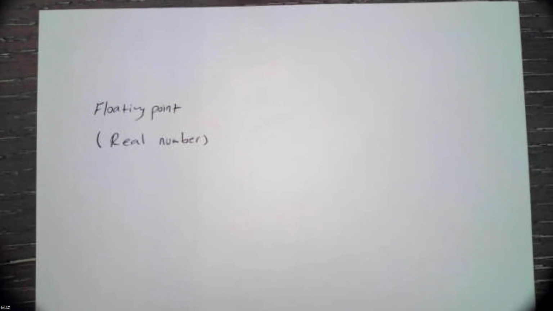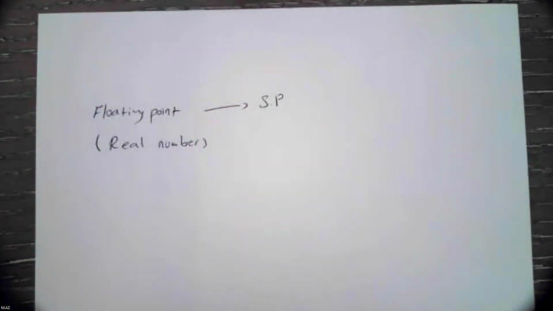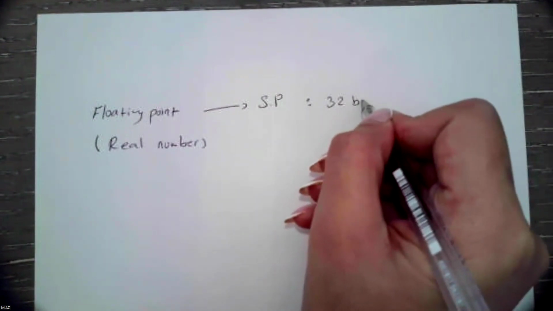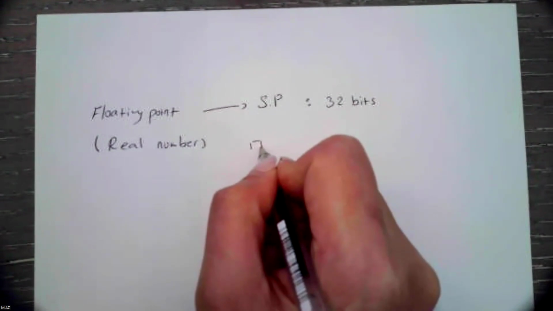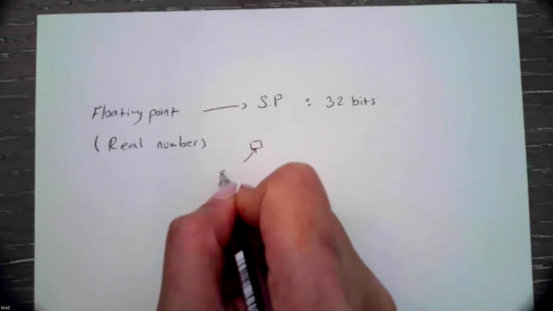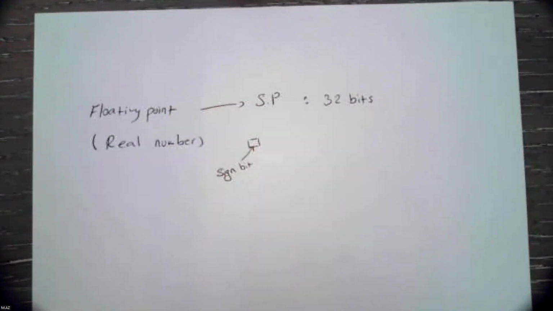We have two types or two precisions for storing a real number on a computer. For the single precision, the real number uses 32 bits. The first bit is called the sign bit. Again, it shows the number is positive or negative.